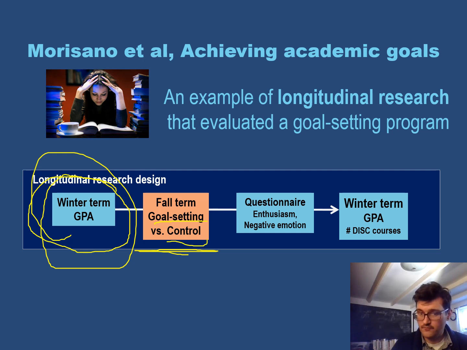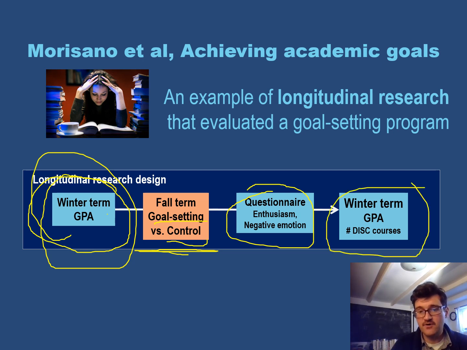So again, pre-measures in both a treatment and a control group, and a questionnaire that assesses enthusiasm and negative emotion. These are essentially mediators within the study design, and then our winter term GPA and the number of discontinued courses. So these are our academic achievement outcomes, or academic performance outcomes.